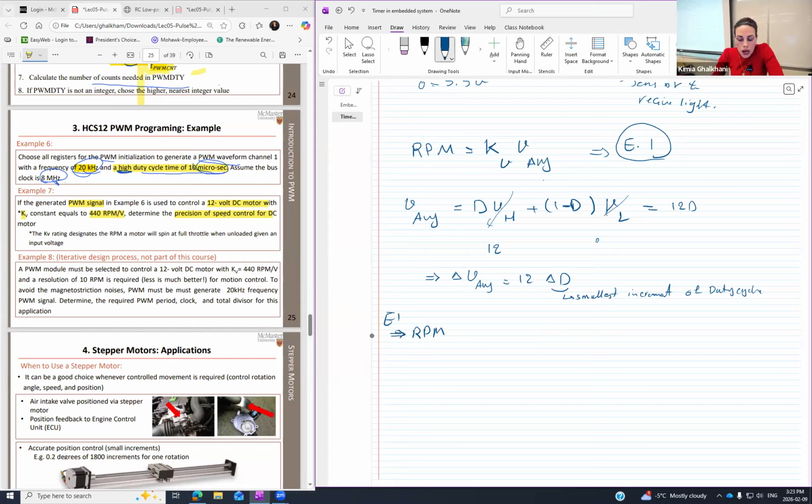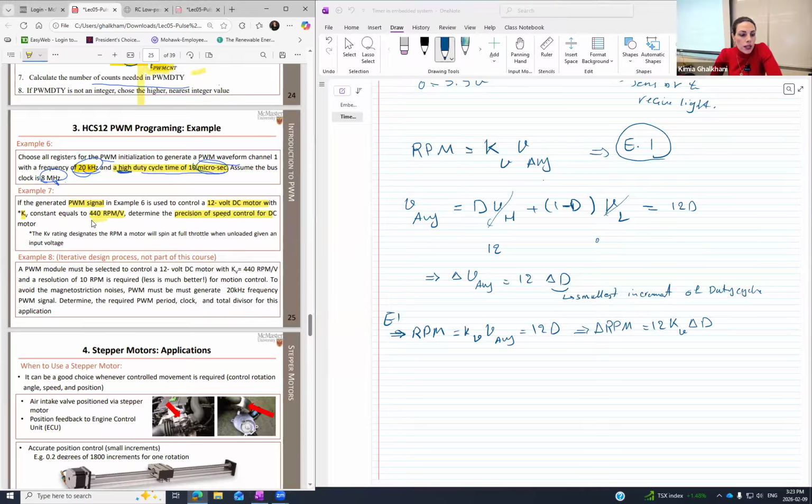I can now calculate RPM is going to be KV, and KV was given, V average 12D, and then I can say delta RPM is 12 KV, and what is my average right now? Delta D, right? And KV, remember it was given, KV was 440.